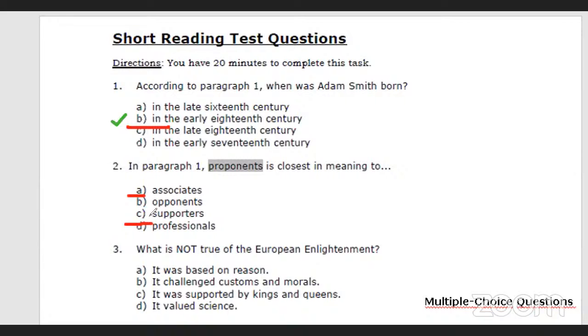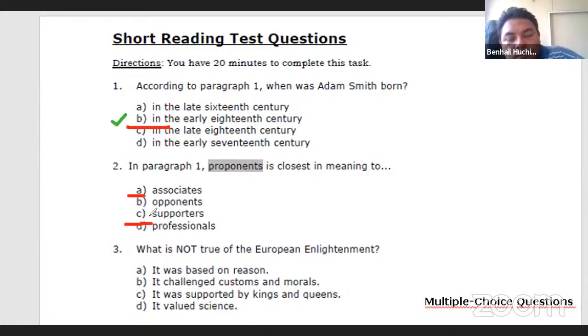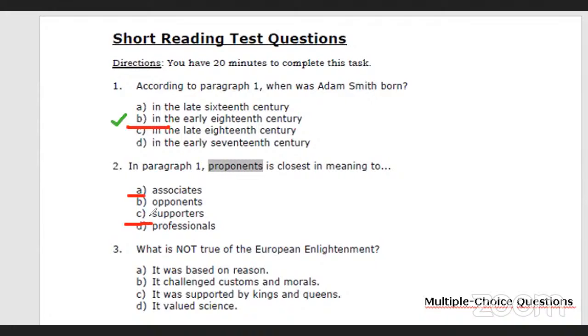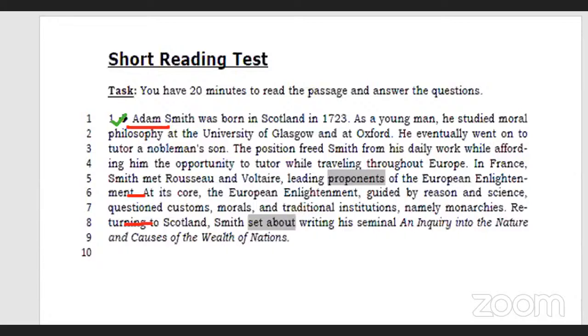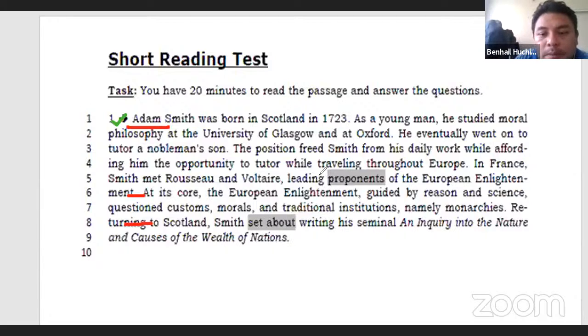Okay. And what do you think, associates? I think because it says it's proposing something and leading some groups, some people in France, so associates could be. Okay, again, something important to understand is the word leading, proponents of European.